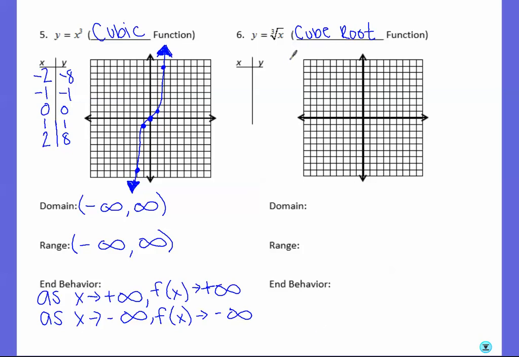Just like with our square root, we needed special x values, our cube root is also going to need special x values. We're going to use perfect cubes, which happens to be the y values from our cubic function. If we take the cube root of those numbers, we'll get what we used to cube it.